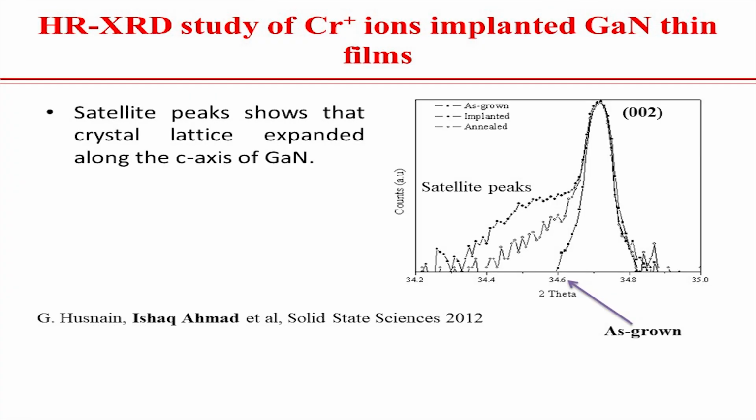They show that the crystal lattice expanded along the C-axis of gallium nitride. We irradiated chromium ions into gallium nitride thin films, and we get these satellite peaks using the synchrotron X-ray source. So this is the advantage. We can see the bond length through this advanced technique.